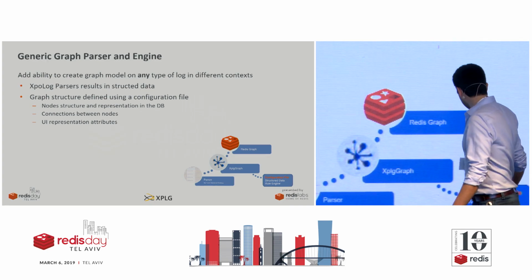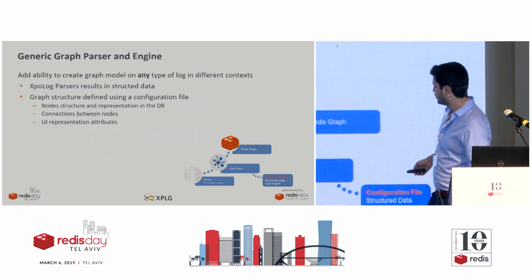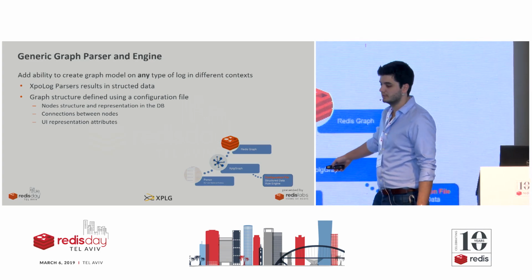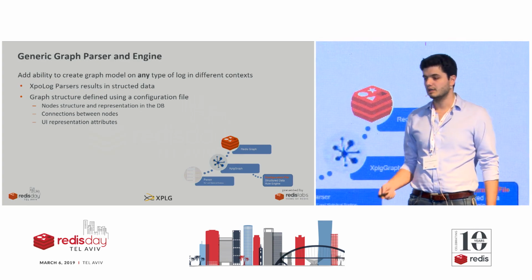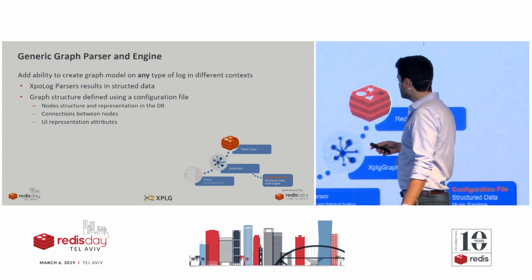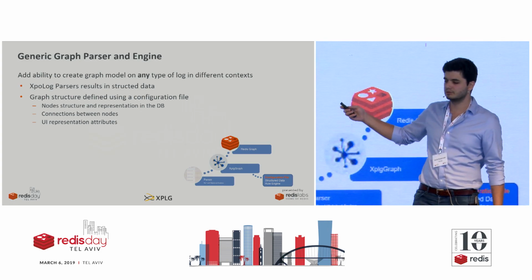And together with a special graph configuration file that I will explain a little later, we create our XPLG model. This is a temporary logical model that helps us model the data as we see fit. And then we write this data into Redis graph.